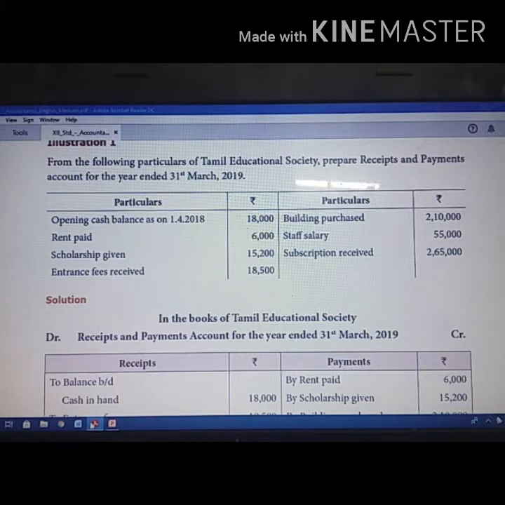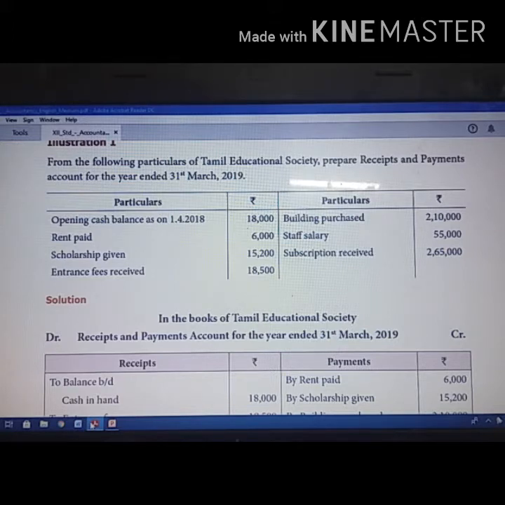Then building purchase, that is an expense, so that is the payment side, you have to show this building purchase 2,10,000. Staff salary, this is also an expense, that means payment side, you have to show this amount 55,000 on the credit side. Subscription received, this is a receipt, so you have to show it on the debit side. So that's it. They have given only 7 items.